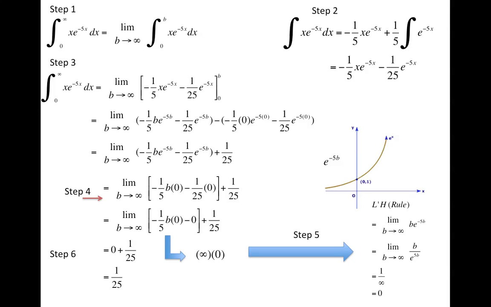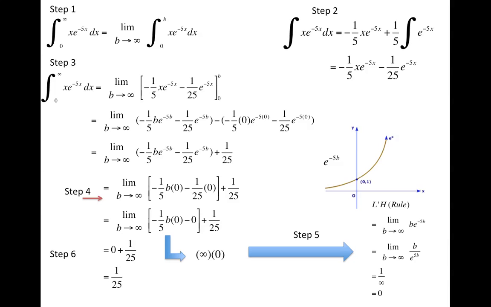As we simplify it down, we get negative 1 over 5b times e to the power of negative 5b minus 1 over 25 e to the power of negative 5b plus 1 over 25.